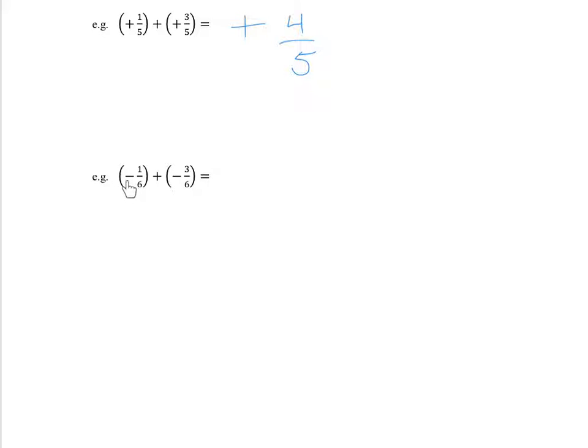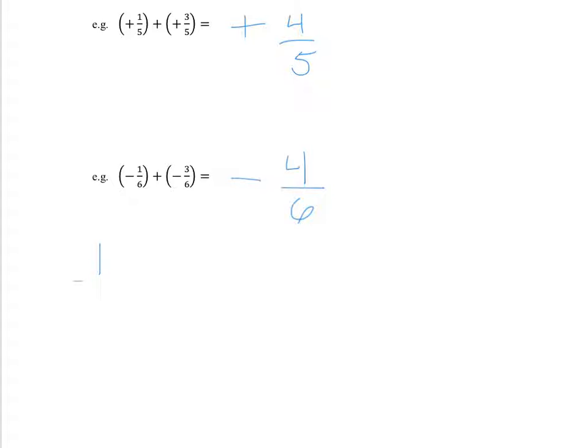Okay. Here we have two negative numbers, so then our answer will be negative, and luckily the bottoms are the same, so our denominator will be 6, and then we're going to add the tops because they have the same sign, so we're going to put the magnitudes together, so 3 and 1 makes 4. So again, we kept the sign, and then we're going to add the magnitudes together.